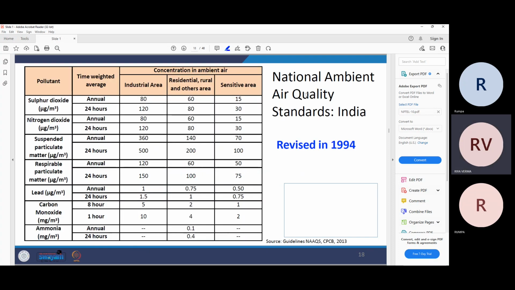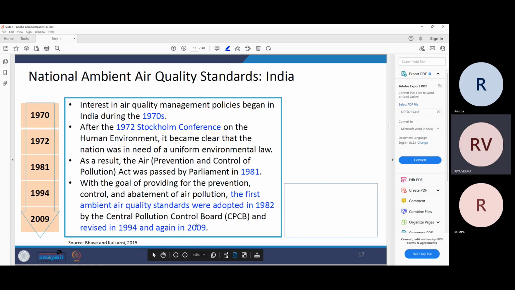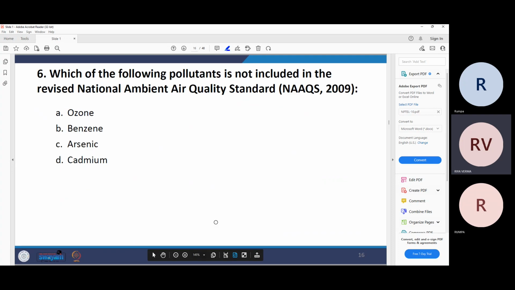So these National Ambient Air Quality Standards in India were established in 1982, then revised in 1994 and then again in 2009. So the most recent National Ambient Air Quality Standards that we have are for 2009.